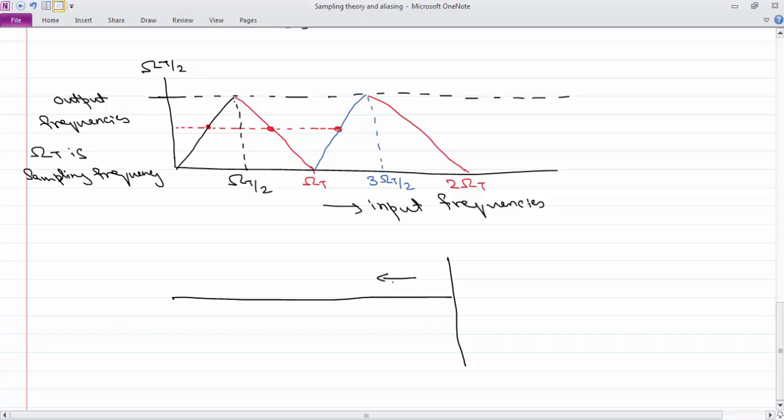So these are your input frequencies: minus omega t by 2, minus omega t, minus 3 omega t by 2, and minus 2 omega t, and so forth. And these are your output frequencies.